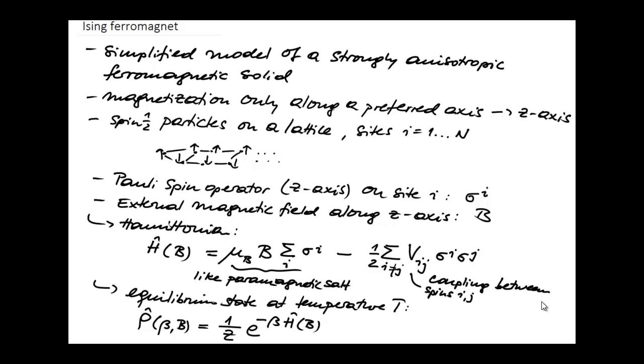We would like to find out something about this equilibrium state. The objective is to show that there are circumstances under which there's a phase transition. More specifically, there is a phase where the ferromagnet exhibits no spontaneous magnetization, and then there's a regime where the ferromagnet exhibits spontaneous non-zero magnetization. The transition from one regime to the other turns out to be a phase transition.